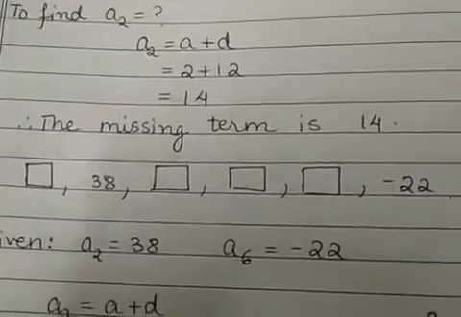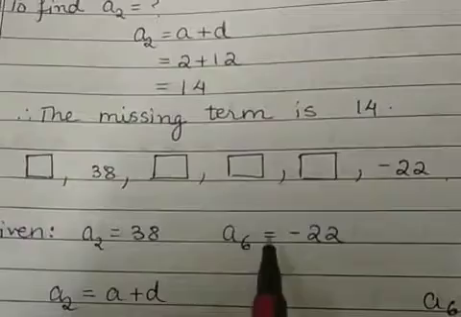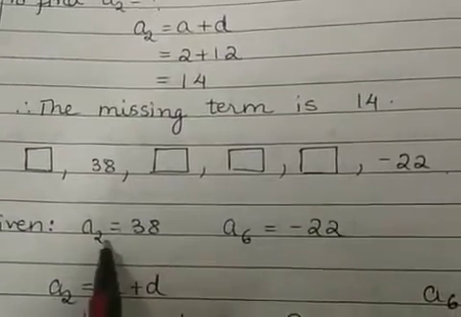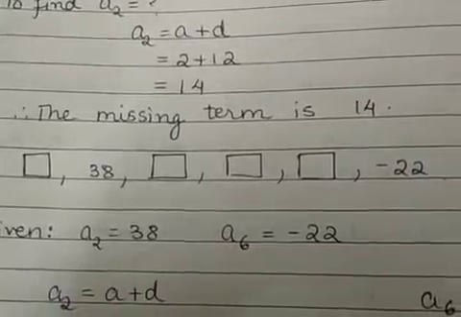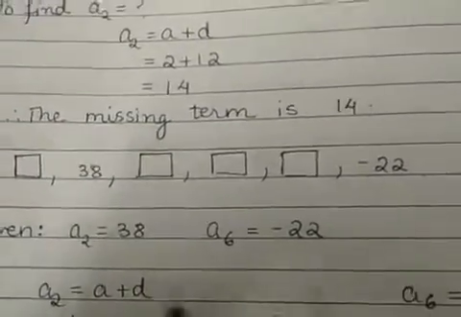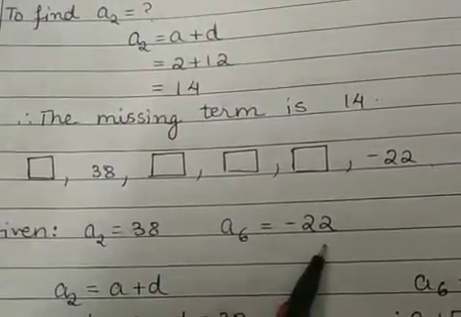But there are two things that you know from the AP, that is, you know A2 and A6. So from this information we can find the first term and the common difference. Given that A2 is 38 and A6 is minus 22.